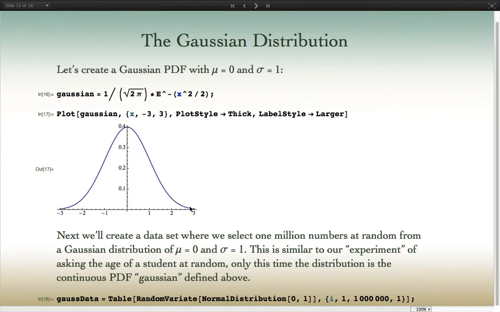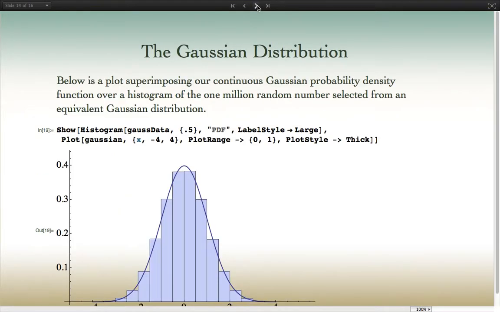But it could happen. Essentially what we do is define this list of variables here, and this list has 1 million random variables in it. It's as if I asked Mathematica 1 million times to give me a random number from this distribution. That's what this data set, Gauss data, is.